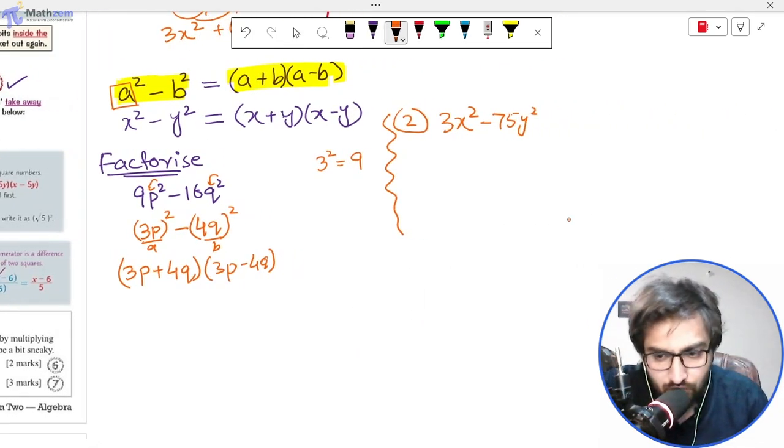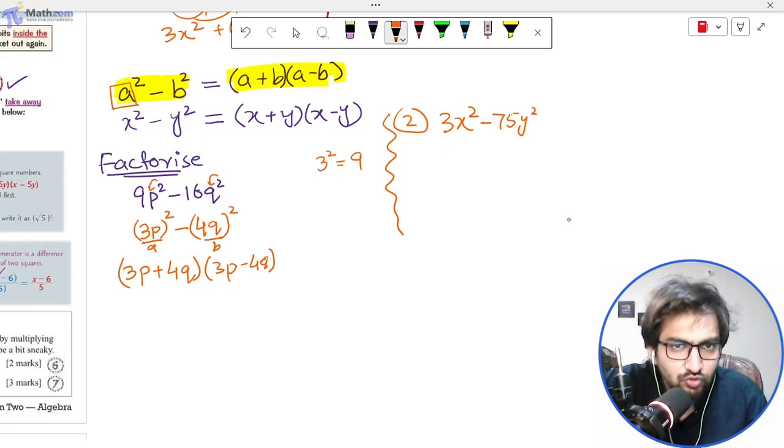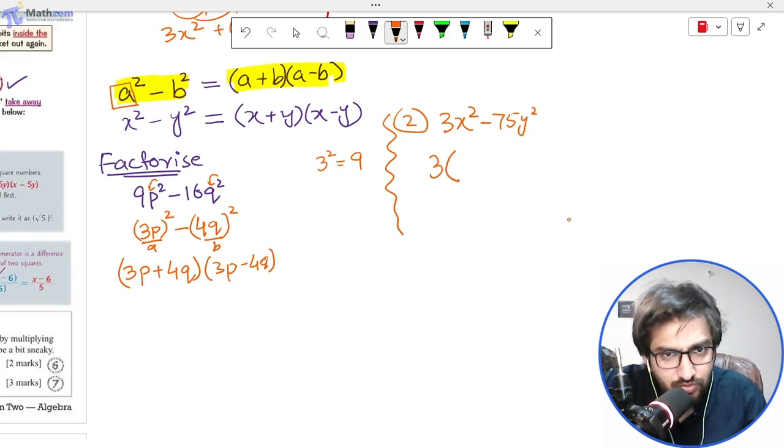It is not always possible to make this 3 a perfect square, because you can see the square is only on x and only on y. So the better way is to take 3 common first. So let's take 3 common. It will become x square minus 25y square.